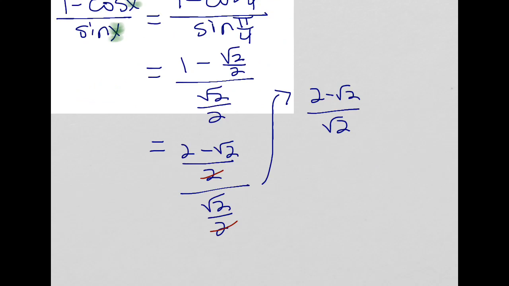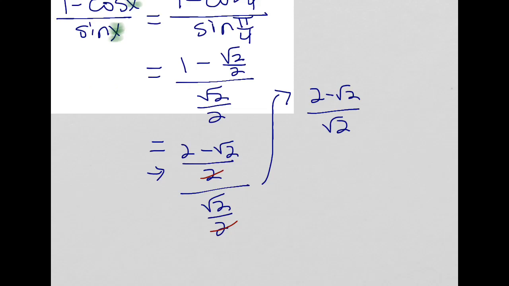What I did here is I took the 1 minus square root of 2 over 2, wrote a fancy form of 1, which is 2 over 2, to write this into one fraction right here. And then I can cancel out the denominators to get 2 minus the square root of 2 divided by the square root of 2. I'm sorry I'm not working down in the column, but unfortunately the software I'm using does not allow me to do that. I ran out of screen room.